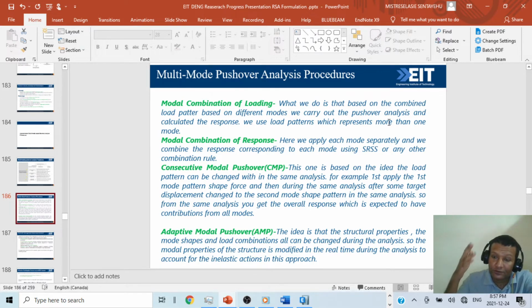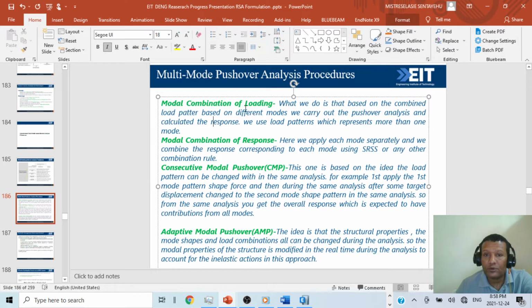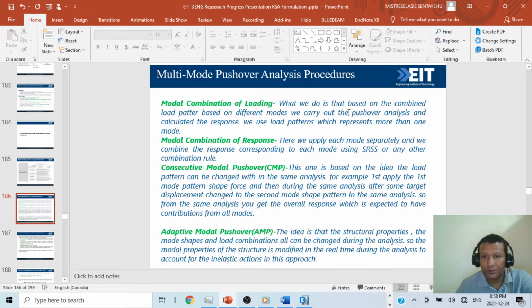We are not applying only one mode, but many modes, and we combine the loads and carry out pushover analysis, and that is modal combination of load. We find the combined load pattern from different modes, carry out the pushover analysis, and calculate the response once we find the target displacement.